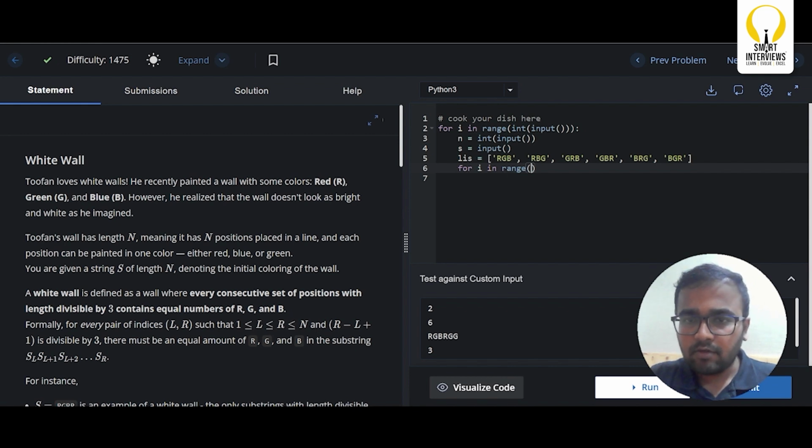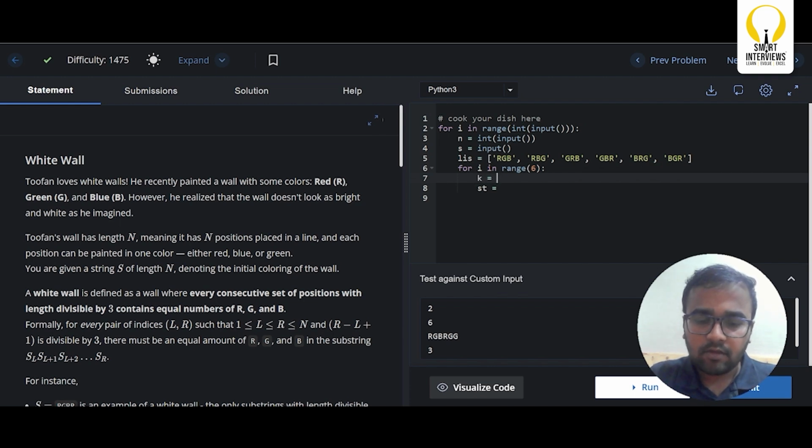So what is the size of the pattern? It is of size 3. So now we'll create the strings using the patterns. For that you need to know how much size of the string you need to create.